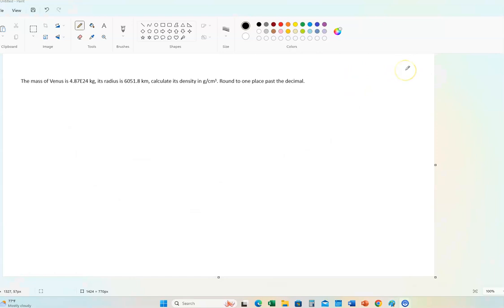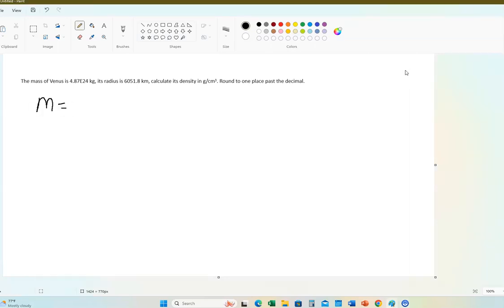All right, I figured you need some practice doing these, and we might as well do the same calculation. You're going to see the same thing with all of the terrestrial planets. Anyhow, now for Venus. So we have the mass of Venus, and we're going to calculate the density. So the mass is 4.87 times 10 to the 24th.